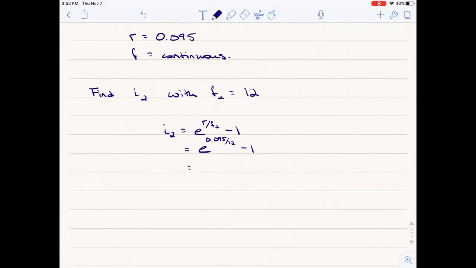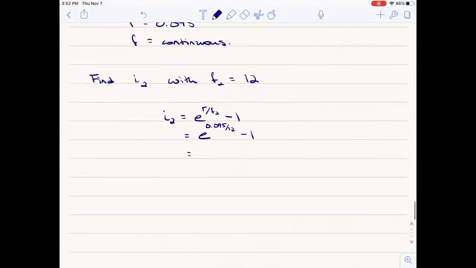You're going to do 0.095 divided by 12 first, e to the power of 0.0079166667, let's call it, and then minus 1. We already did the exponent, so you have that number on your screen, and then second ln takes you to e to the x, and then equals.